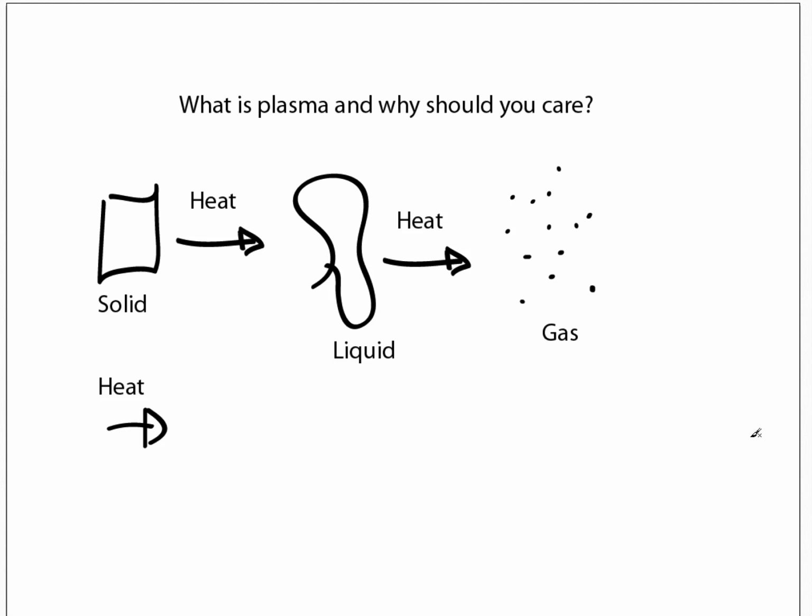Okay, so the matter becomes a collection of positive ions and negative electrons. So that's plasma. Plasma is really a collection of charged particles.